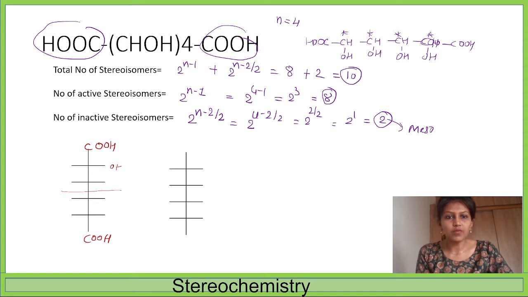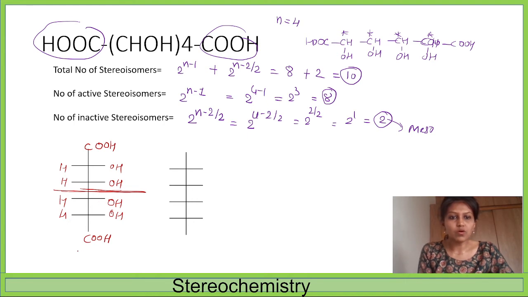So suppose I am writing over here OH, OH, OH and OH, right? This must be hydrogen. So here plane of symmetry and minimum 2 chiral centers. So here we can say there will be 4 chiral centers. So this is the meso compound, and it is optically inactive.